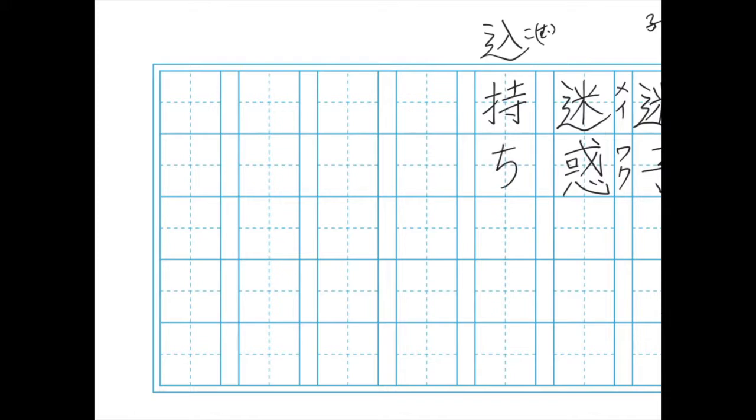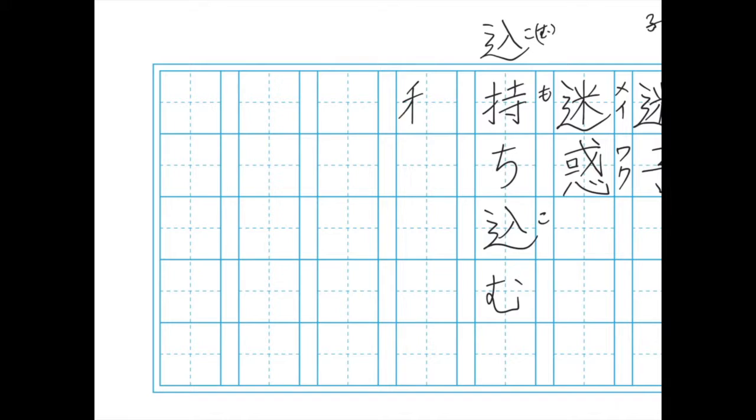Mochi, komu, which you might see if you go to like say karaoke or certain businesses, you can't bring outside food. So nomimono mochikomu kinshi, something like that, where it says you cannot bring outside food inside. Motte komu, so inside.